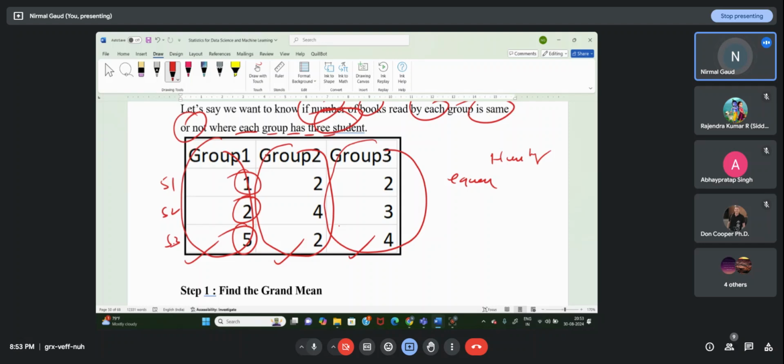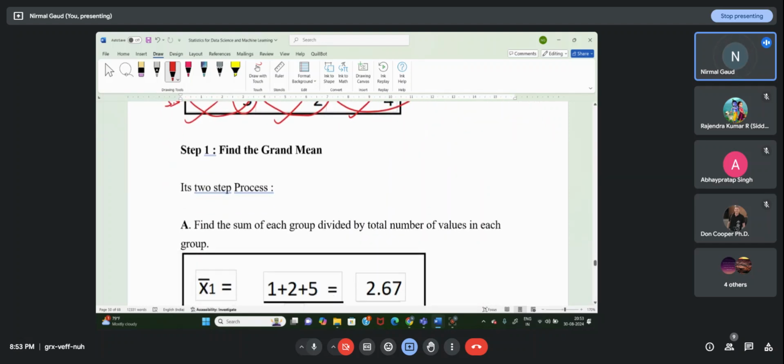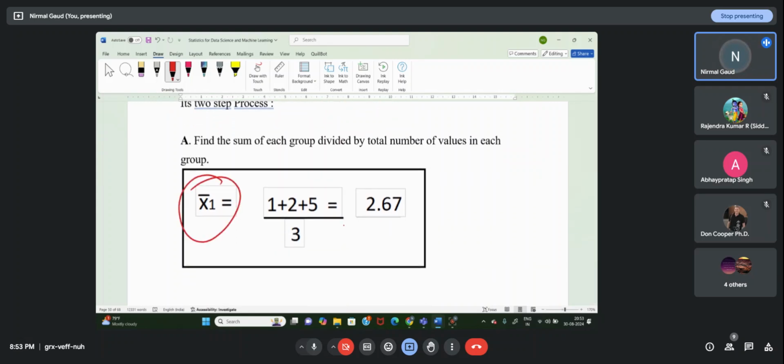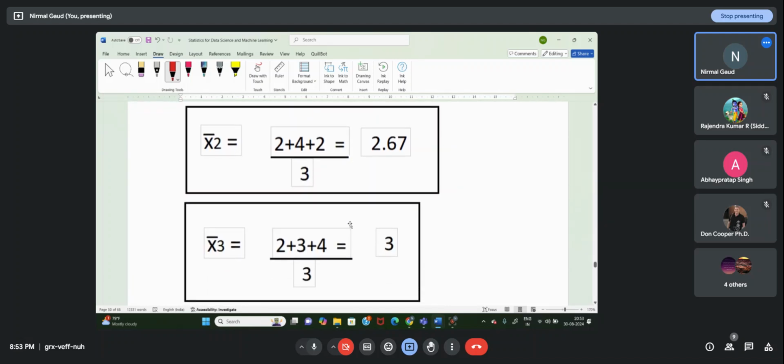Okay, so there are some steps to be performed using ANOVA. Step number 1, find the grand mean. So this is x1 bar, group 1 mean: 1 plus 2 plus 5 divided by 3, 2.67. Group 2 mean: 2 plus 4 plus 2 by 3, 2.67.